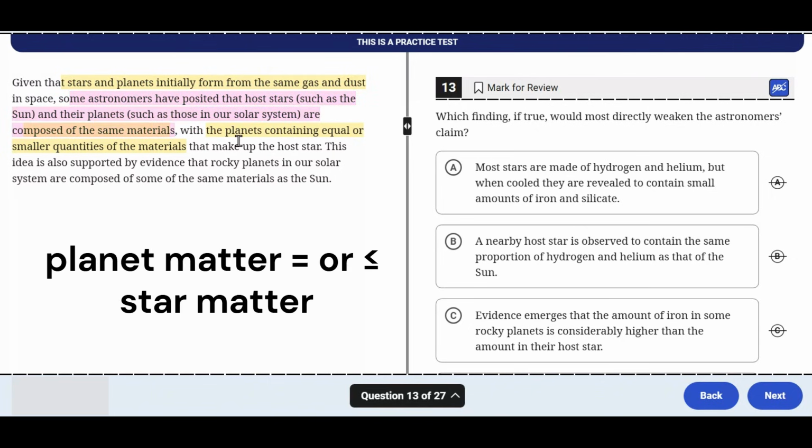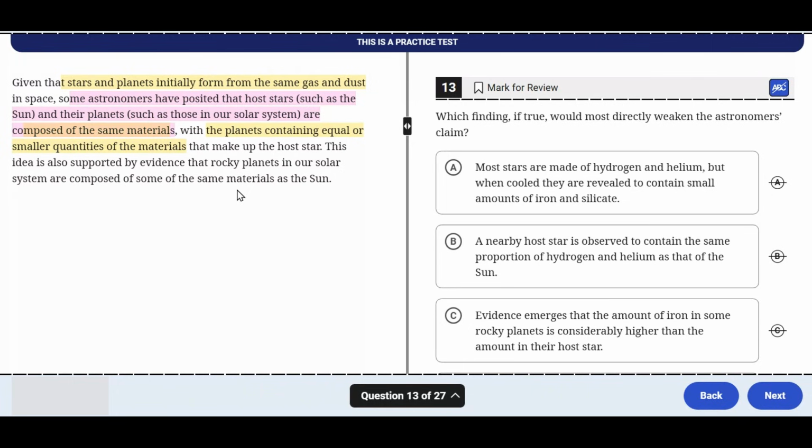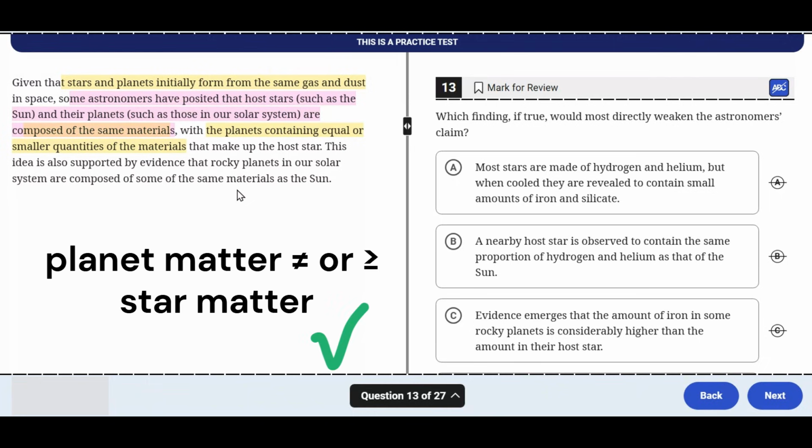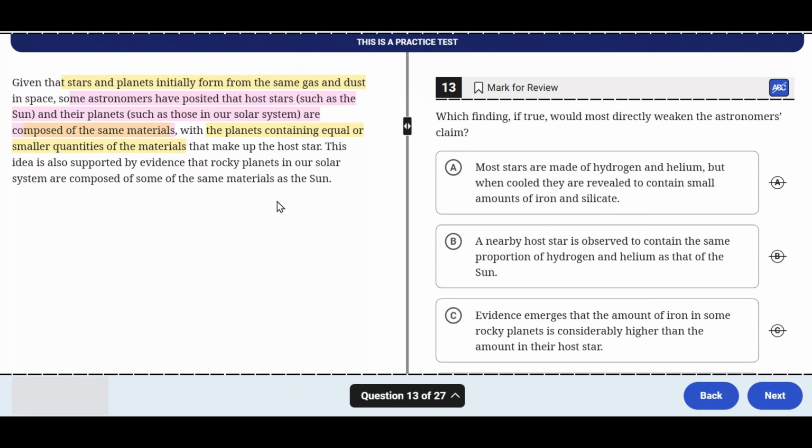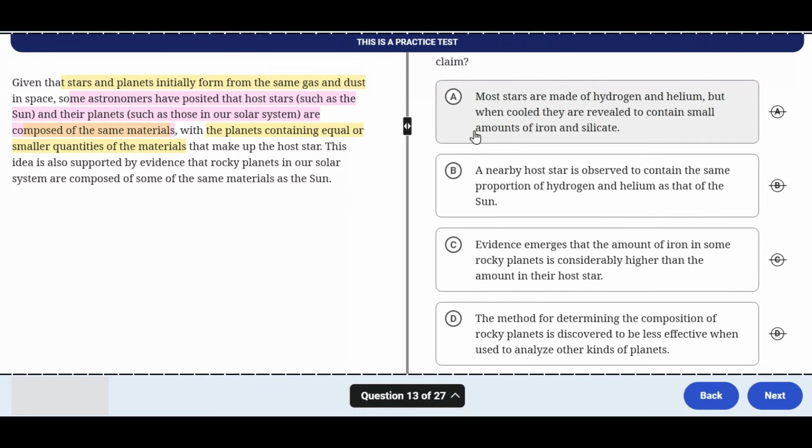And the planets are going to contain equal or smaller quantities of the material. So you're going to try to find an example when, though the star contains a certain kind of material, that material is either maybe greater in the planet, or it's not in the planet at all, because that would go against the claim here. So let's see if we can find something that goes along those lines.